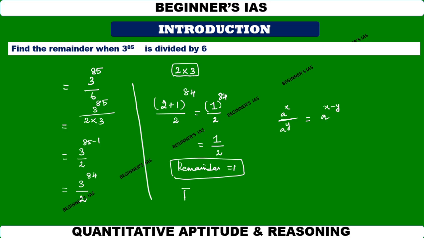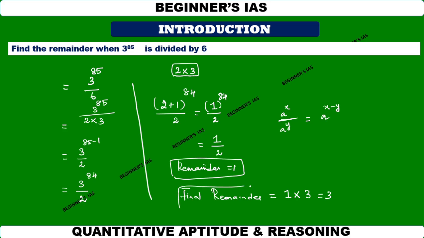You need to identify the final remainder. That is very, very important. How to find the final remainder of the question? What we have done in the previous step is we have simplified the base 3, which means you have to multiply that base with the remainder. What we are getting here is 1 into 3, which is nothing but 3.